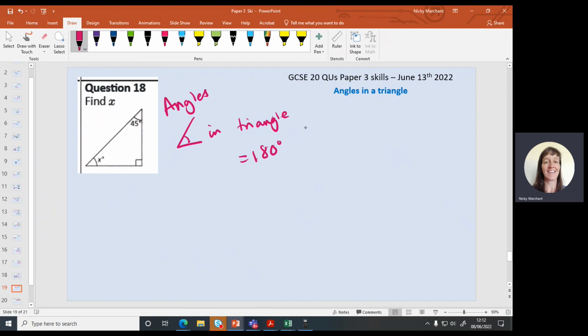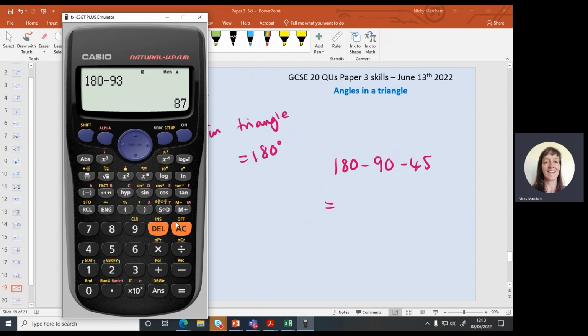But here they've just asked you to find X. Now you've got 180. That little corner here indicates it's a right angle, so that's 90. And you're taking away 45 as well. So whatever you're left with is the value of X. So 180, take away the 90, take away 45 is 45.